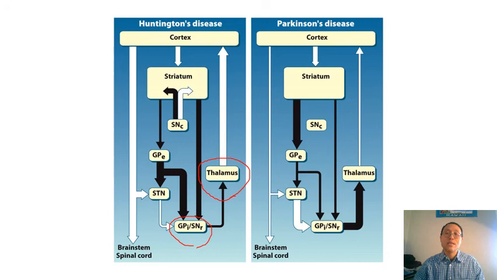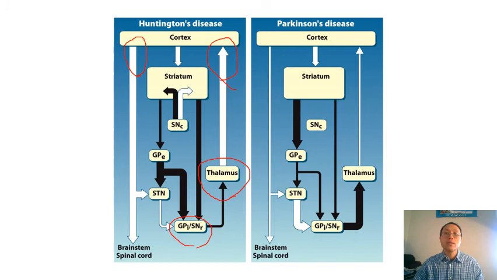This is why you see a lot of excitatory activity coming from the thalamus to the cortex, which really increases the output you see here from the cortex to the brainstem. Okay, you can see the arrow is much bigger.